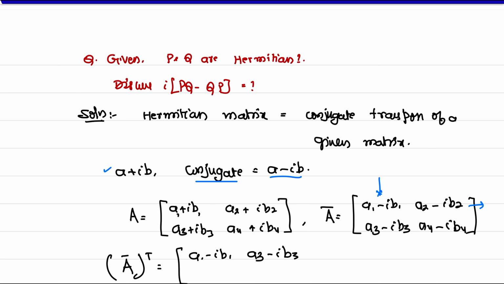Second column is a2, that will become your row: a2 minus ib2, a4 minus ib4. This is called the Hermitian conjugate. Regarding this, I have explained in my previous lectures. Please refer to them on Hermitian matrices. I have explained very clearly what a Hermitian matrix is.